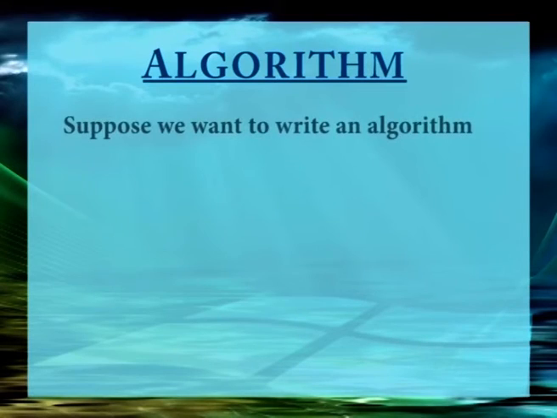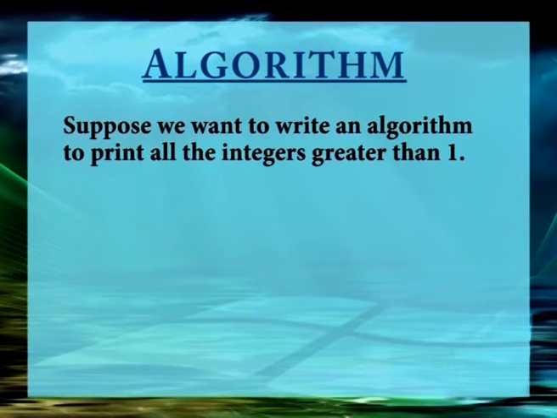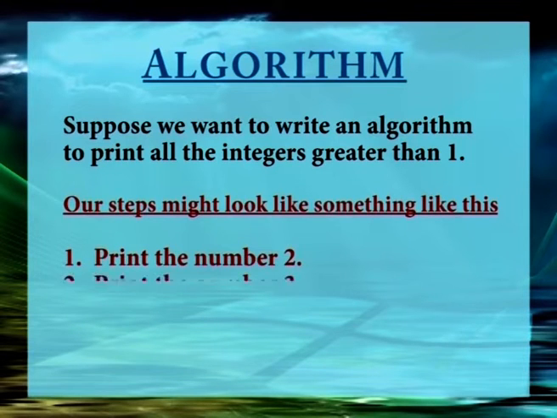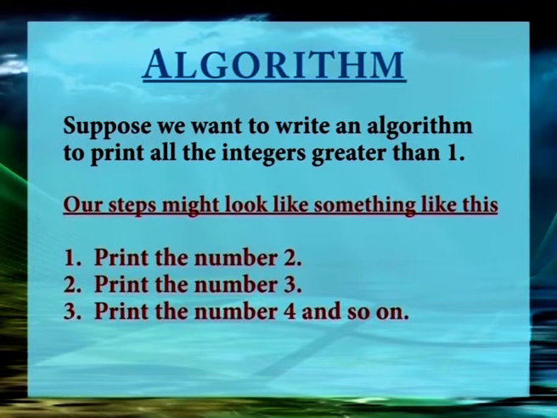Suppose we want to write an algorithm to print all the integers greater than 1. Our steps might look something like this. First, print the number 2, second, print the number 3, third, print the number 4 and so on. While our algorithm seems to be pretty clear, we have two problems.